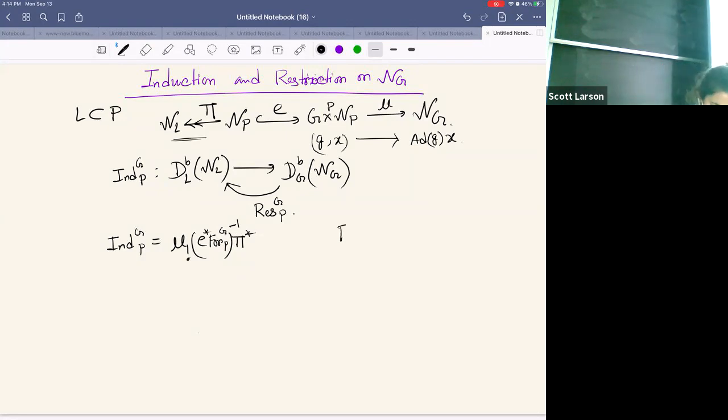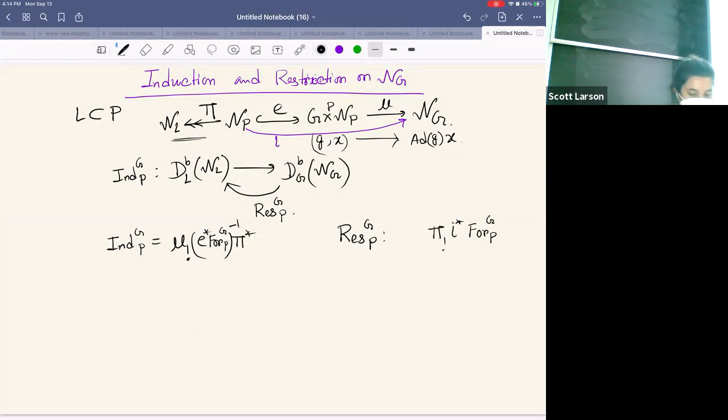The restriction is defined the other way. For that, I need an inclusion map. Let's call it I, the inclusion of N_P in N_G. So I first forget the G-equivariant structure, and then pull back and then push forward.